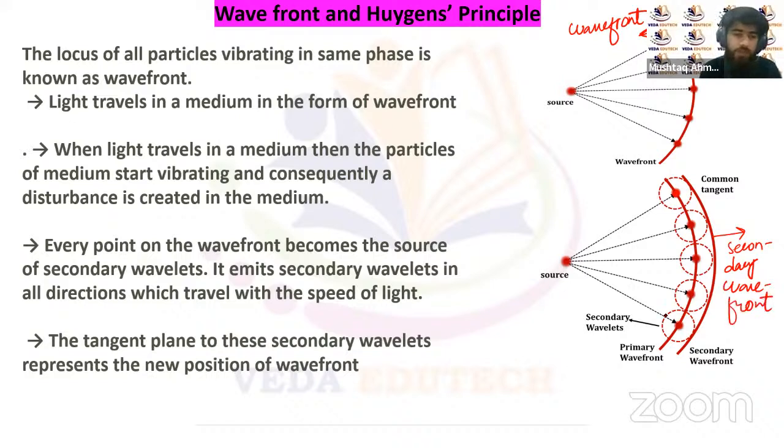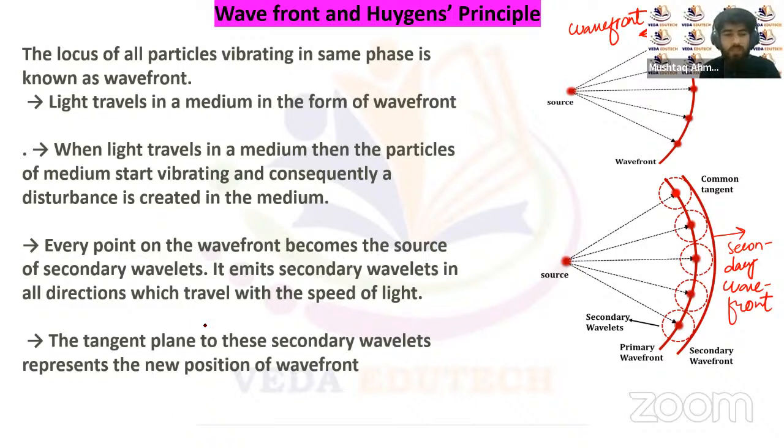So Huygens principle says that the source for the secondary wavefront is the particles on the previous wavefront. We draw a sphere symmetrically on those particles, keeping them at the center of the sphere. Then the common tangent to these spheres represents a new wavefront, which we call the secondary wavefront. The direction along which the secondary wavefronts move will be the direction of the light.